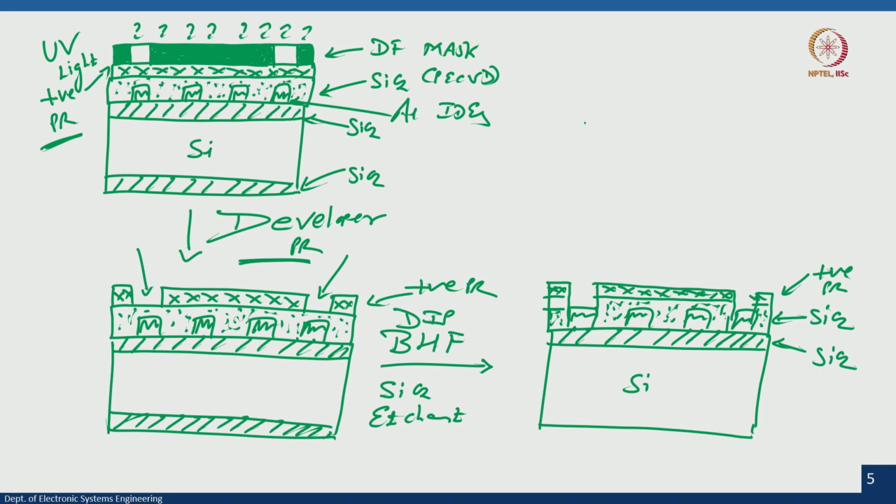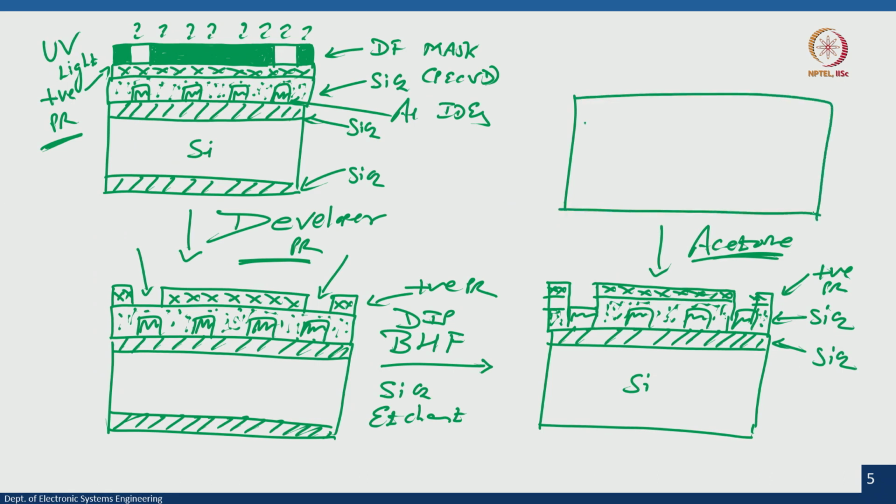Once you do that, the next step is you dip this wafer in acetone. So, when you dip this wafer in acetone, what you will get? And if you have noticed something, what you have to notice? That the oxide layer which was the bottom, this one also got etched, you see, because that oxide layer was not protected.